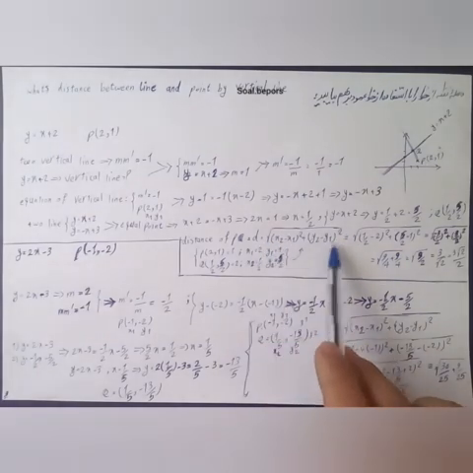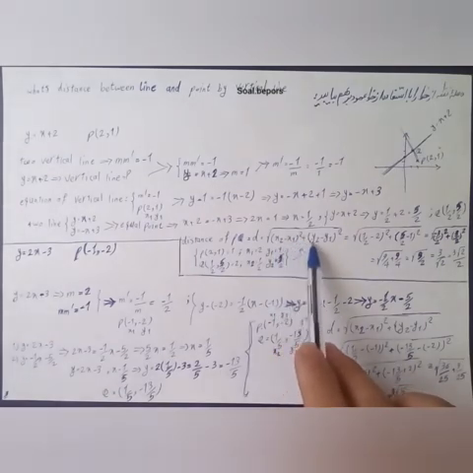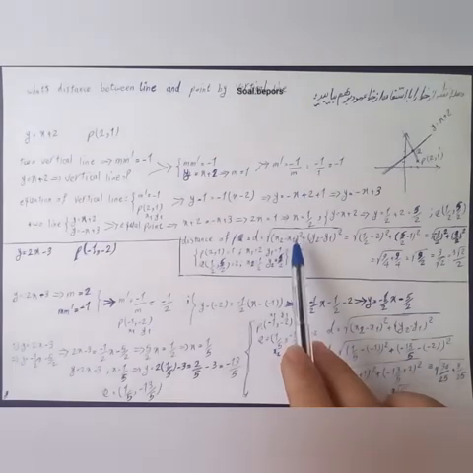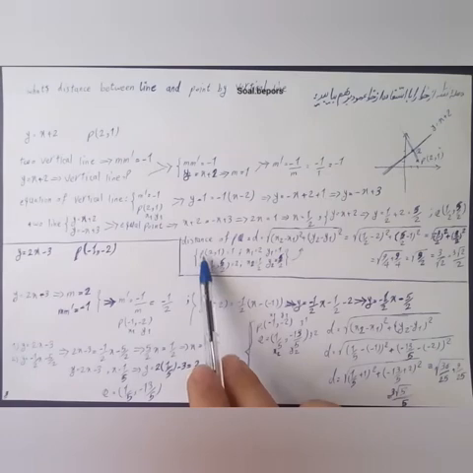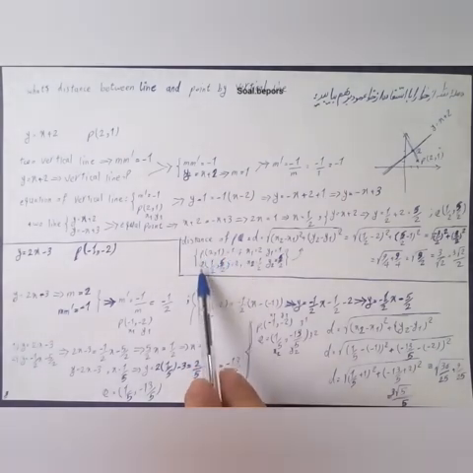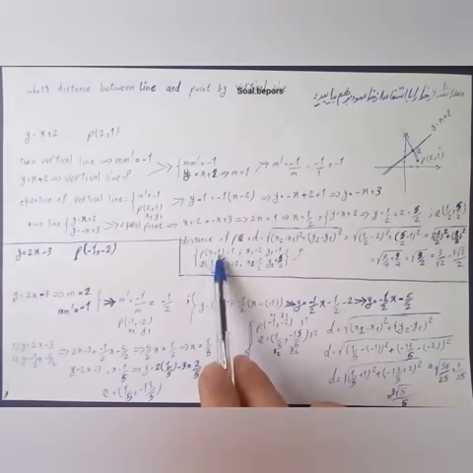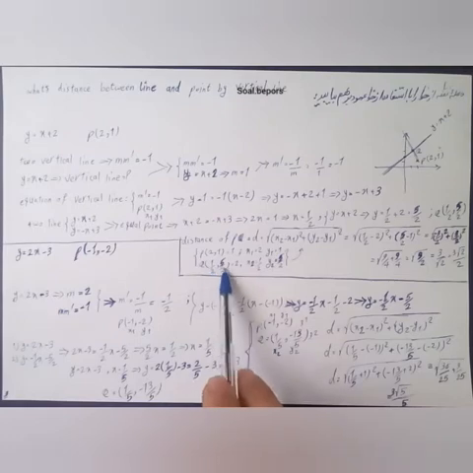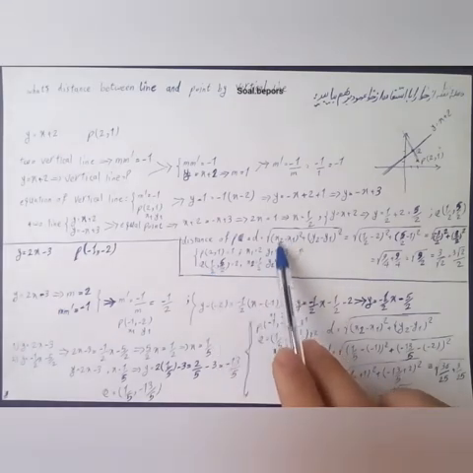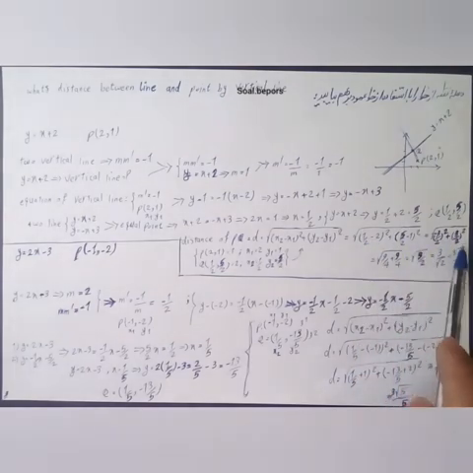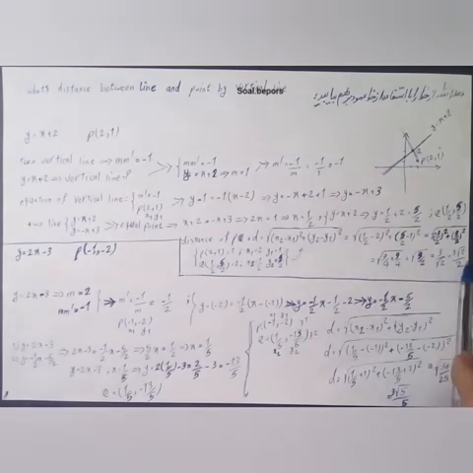We put x2, x1, y2 and y1 from P and Q, where P is point 1 and Q is point 2. When we simplify, at the final we get 3 square root of 2 divided by 2. It is the same as the last question.